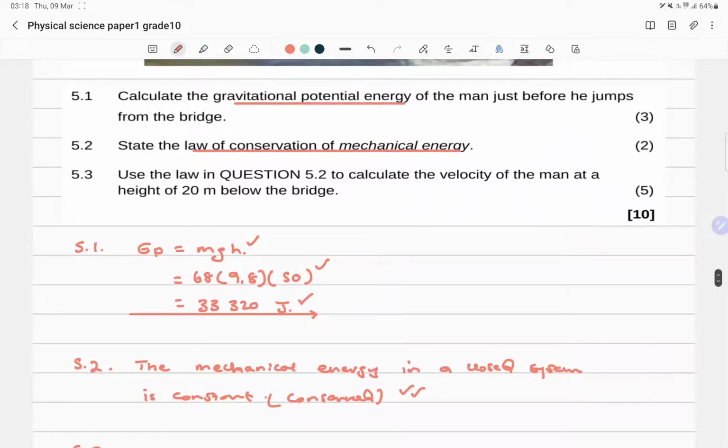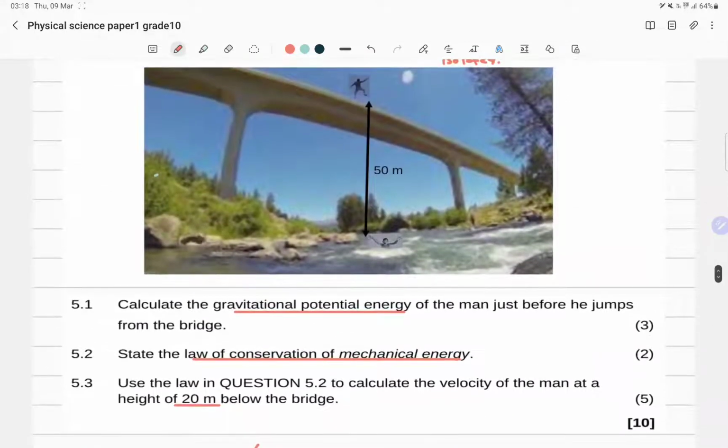Okay? Don't cram them. Use the law in question 5.2 to calculate the velocity of the man at a height of 20 meters below the bridge. Okay, great. So this means when this man has moved just 20 meters. So here he is now.